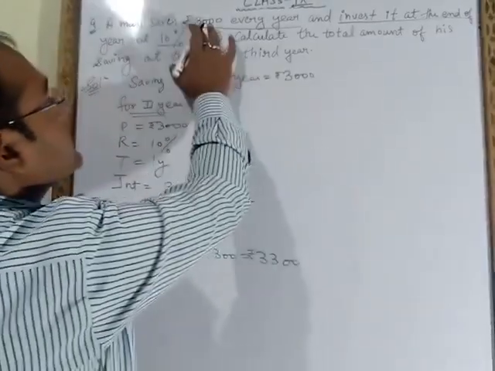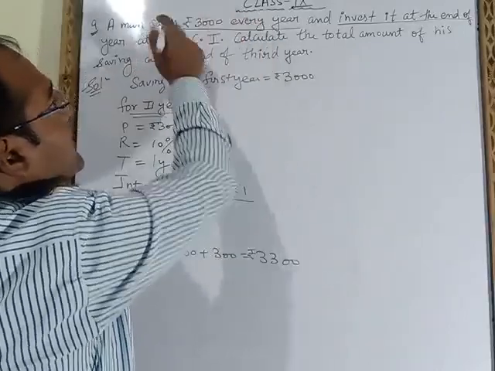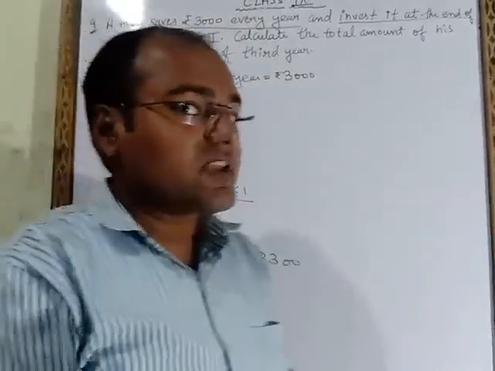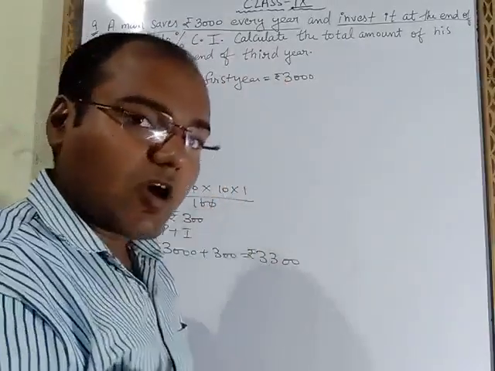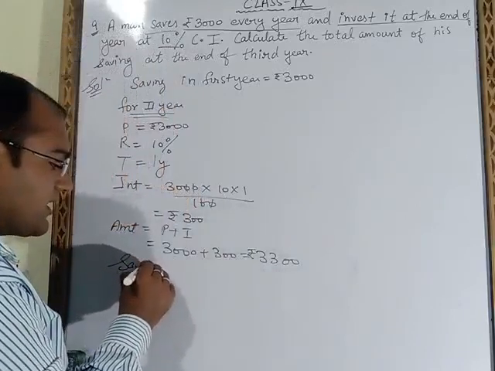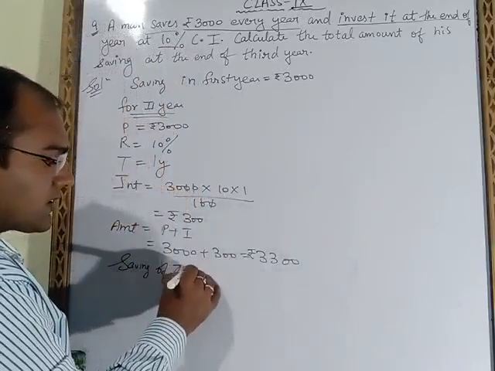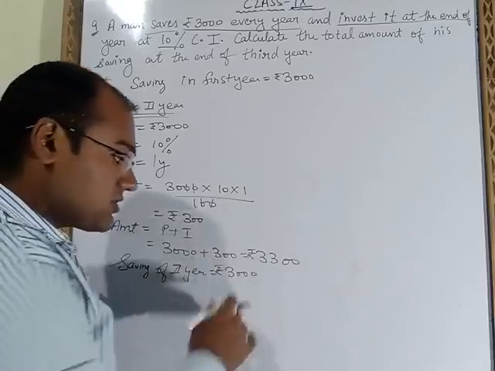But in the question it is given that 3000 rupees every year a man saves. Every year he will save 3000. Now in the second year also he had saved how much rupees? 3000 rupees. So the saving of the second year is 3000 rupees.